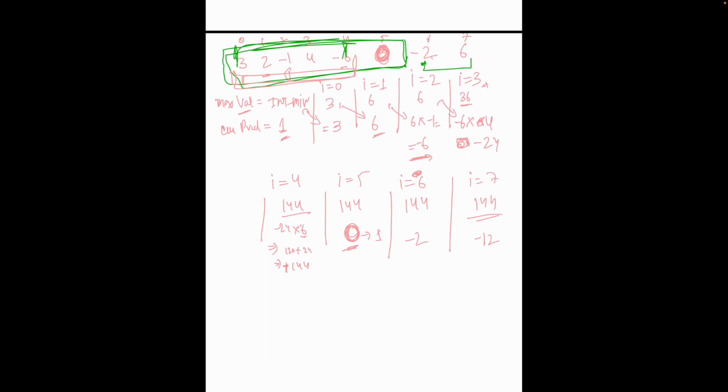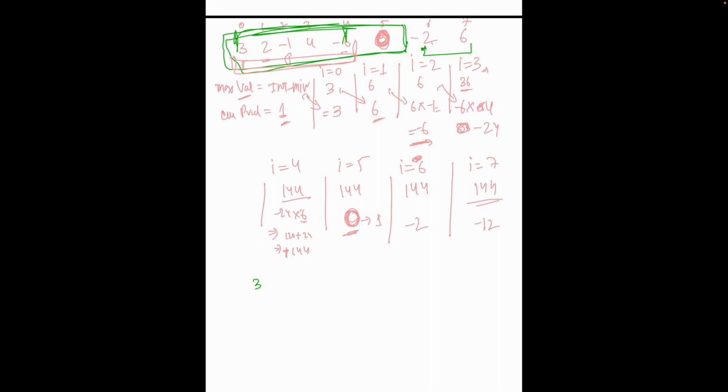What if the question was 3, 2, minus 4? Actually, let's do this: minus 2, minus 4, 0, 3, 2, 5. In this case, this one is going to be the answer, right?